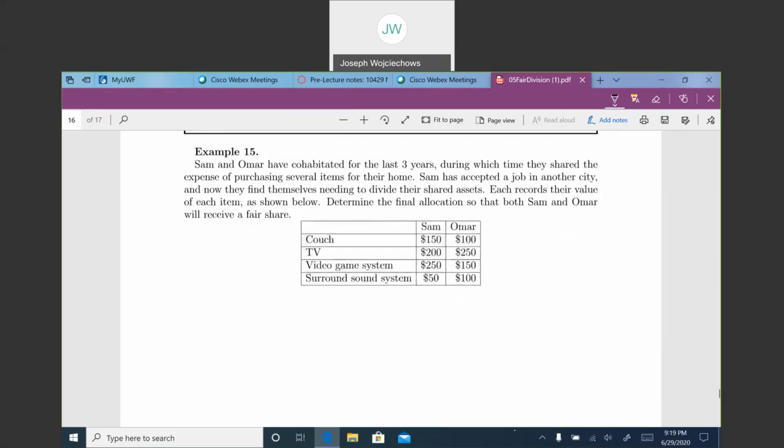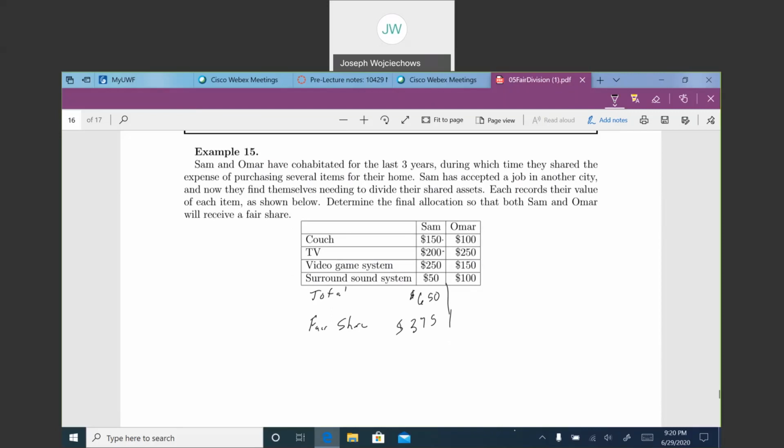So the first thing we need to do, we have all their values. We need to add them up and get their total values. Let me use a calculator. Okay, Sam values everything at $650, so a fair share would be $325.